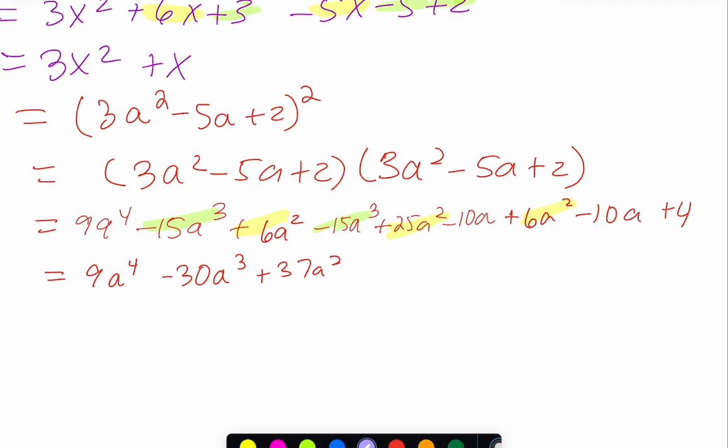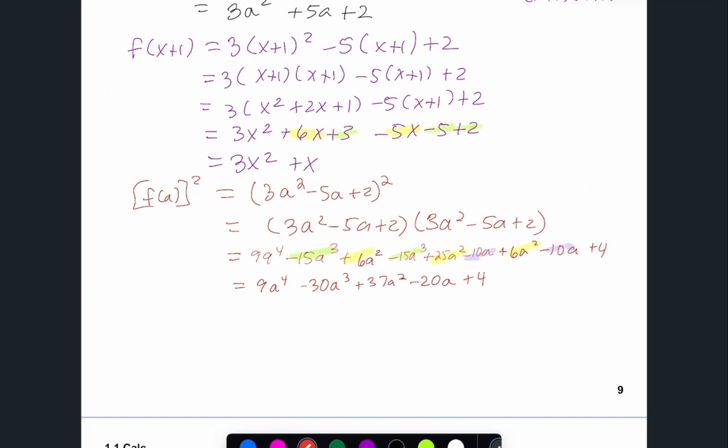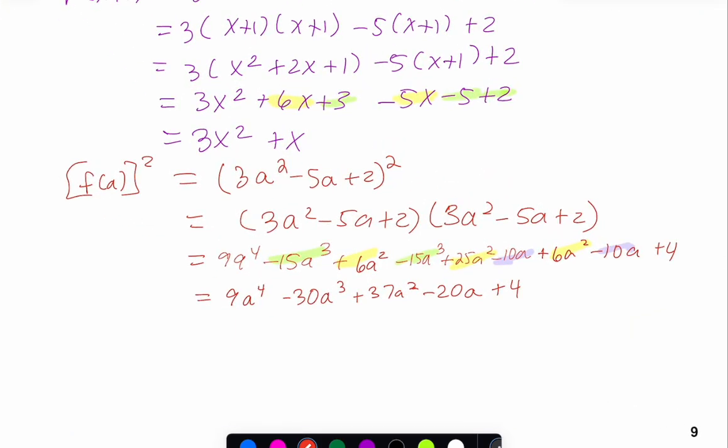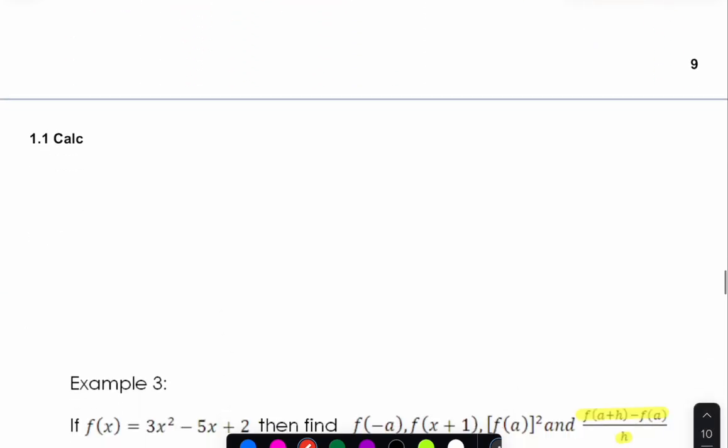And then as far as the a's go, we have a negative 10 and a negative 10, or negative 20a. And then the 4 is just hanging out. Okay. So that would be our final answer, as long as I didn't make any weird mistakes. So that is the function f of a, the entire thing squared. So just be careful of your algebra. As you can see, it is very easy to make some little mistakes, okay?